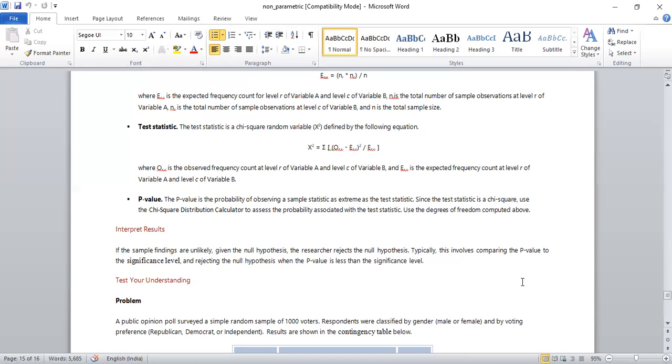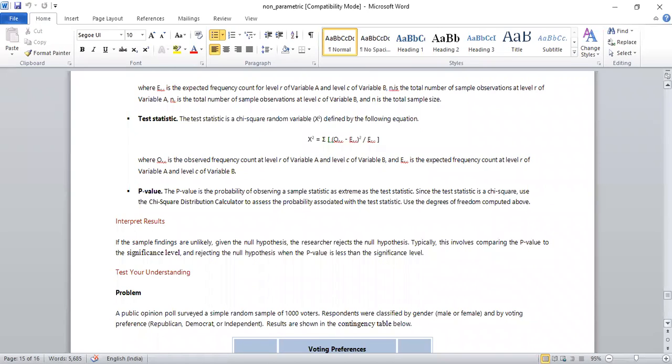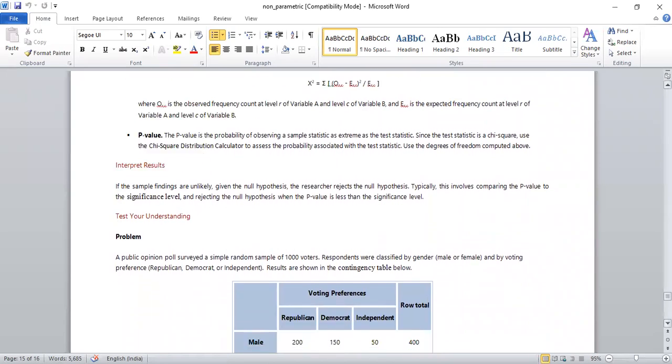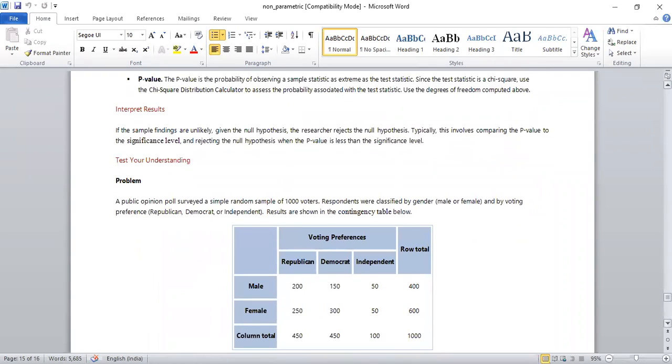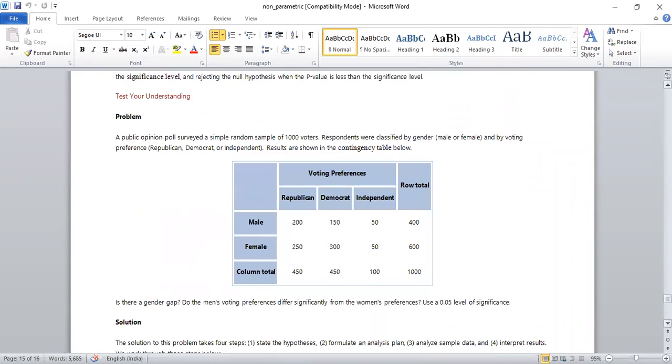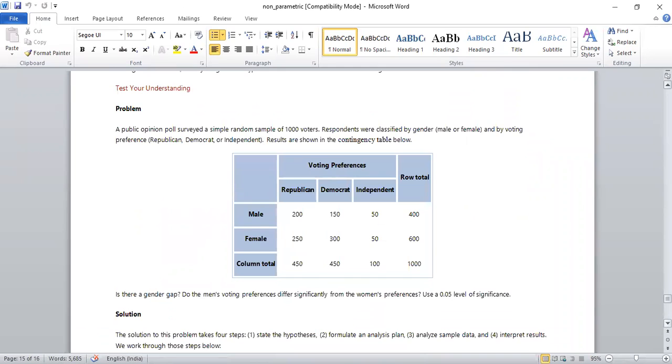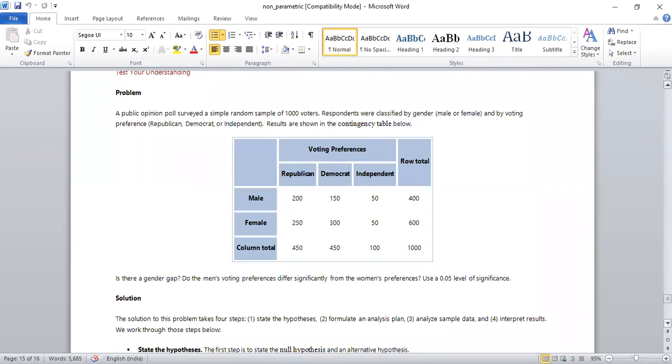If the sample findings are unlikely given the null hypothesis, the researcher rejects the null hypothesis. Typically, this involves comparing the p-value to the significance level and rejecting the null hypothesis when the p-value is less than the significance level. So now we have to test our understanding. Look at the problem with some given values.